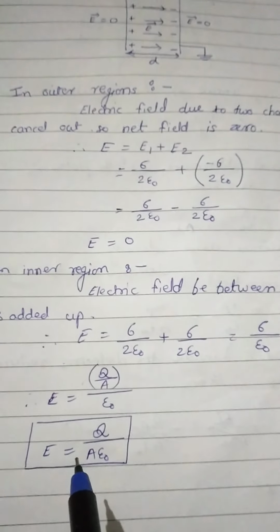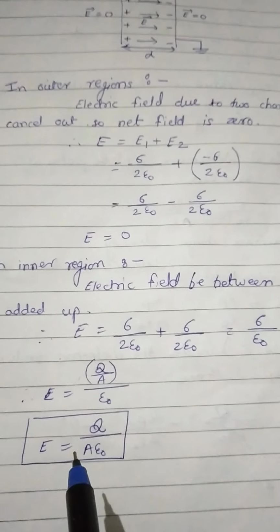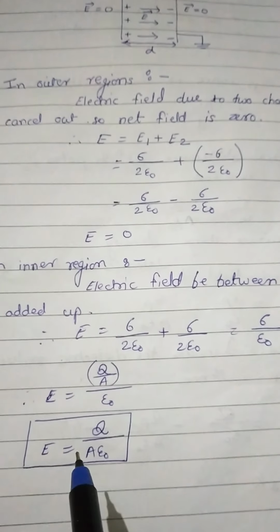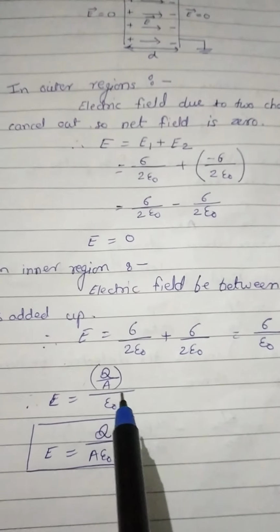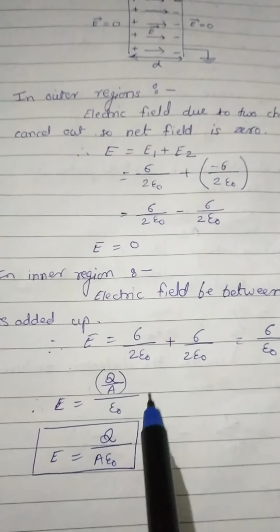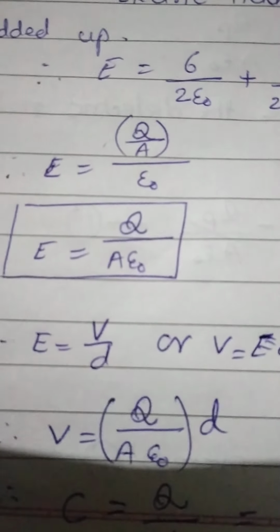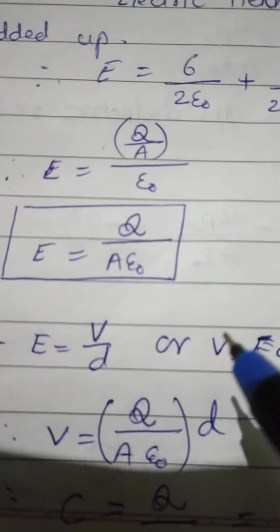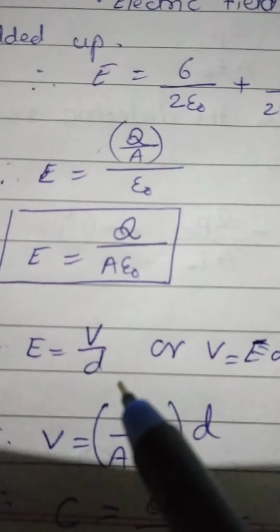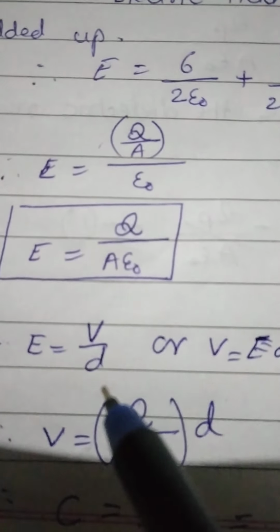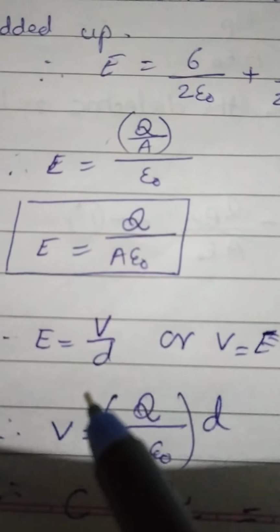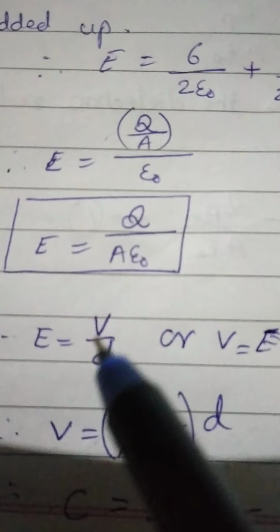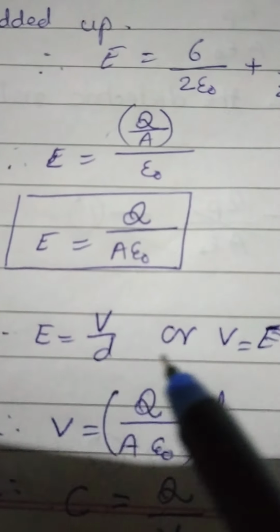Now we get the final equation for the capacitance of a parallel plate capacitor without dielectric. Let V be the potential difference between the two plates. Then the electric field between the plates is given by E equal to V upon d, where V is the potential difference and d is the distance.